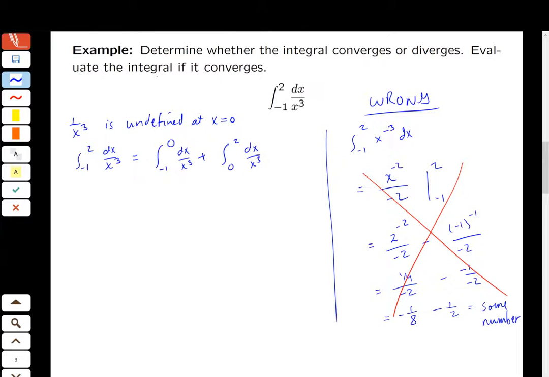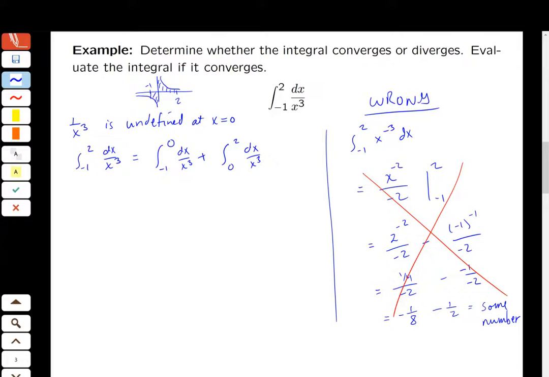Our function, 1 over x cubed, as you go to 0, goes to infinity, and minus infinity if you come from below. So I'm looking at some area here from -1 to 2. This is the area that we're looking at. It's probably an infinite area. In fact, it will be an infinite area.